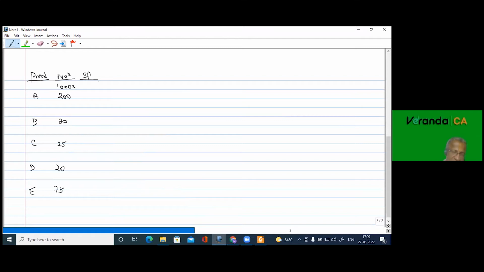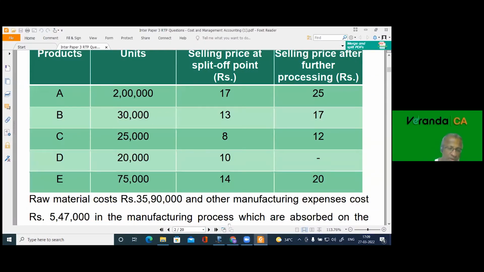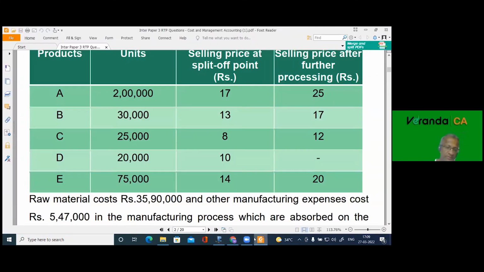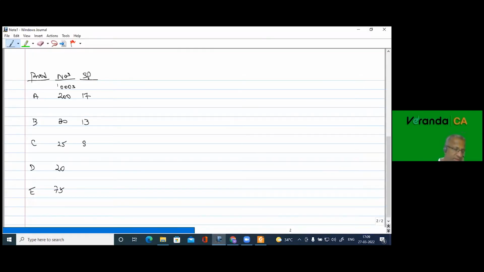Selling price at split off point: 17, 13, 8, 10, and 13. What is the sale value at split off point?